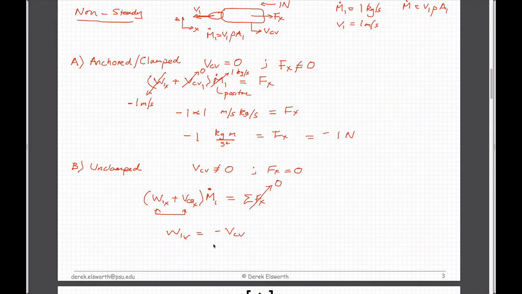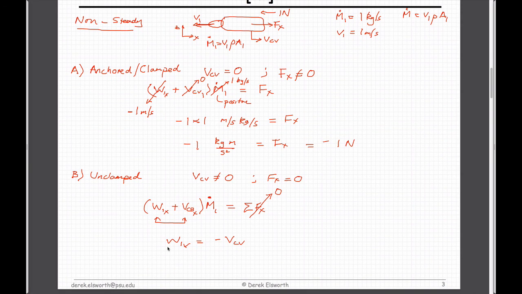And the only way that can be the case is if this is minus 1 meter per second, then the velocity of the control volume is equal to plus 1 meter per second. So this is the velocity that it's coming out of here at, and this is this magnitude here.